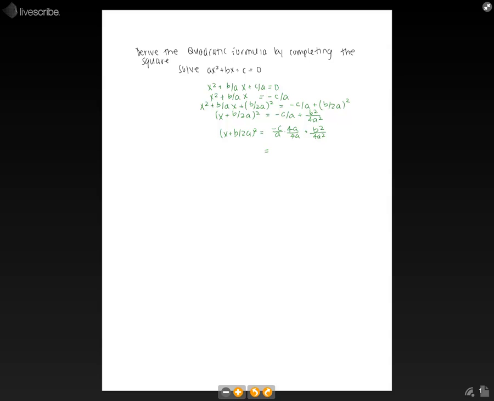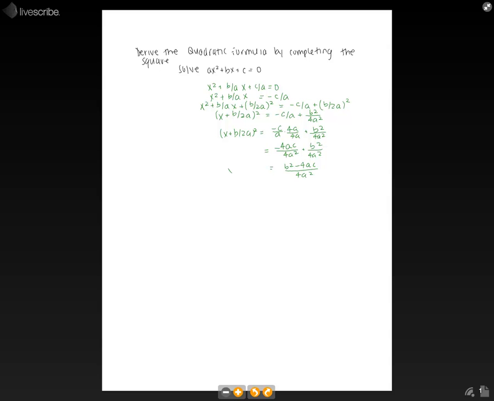I'm not going to copy down the left side for a little while we're working the right, and then we'll put them back together. So then we would have negative 4ac over 4a squared plus b squared over 4a squared. That's going to give us b squared minus 4ac over 4a squared.